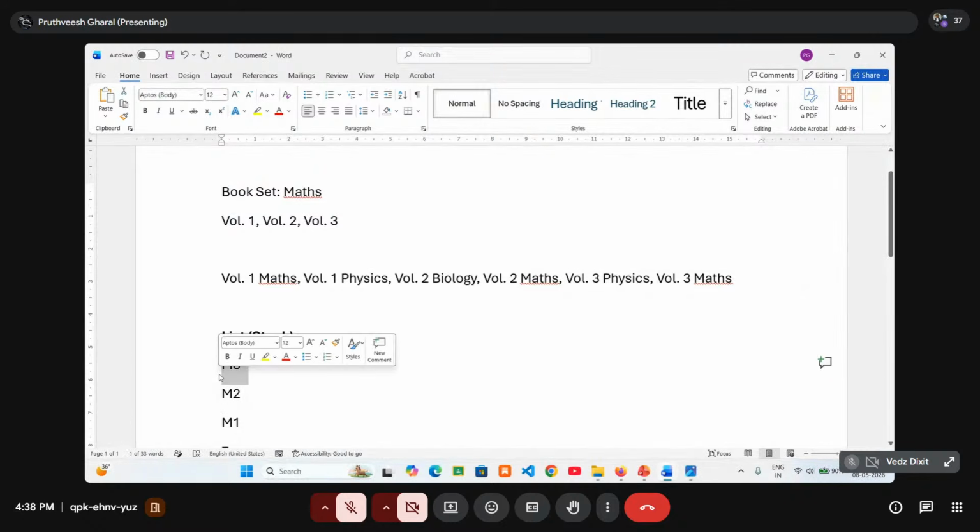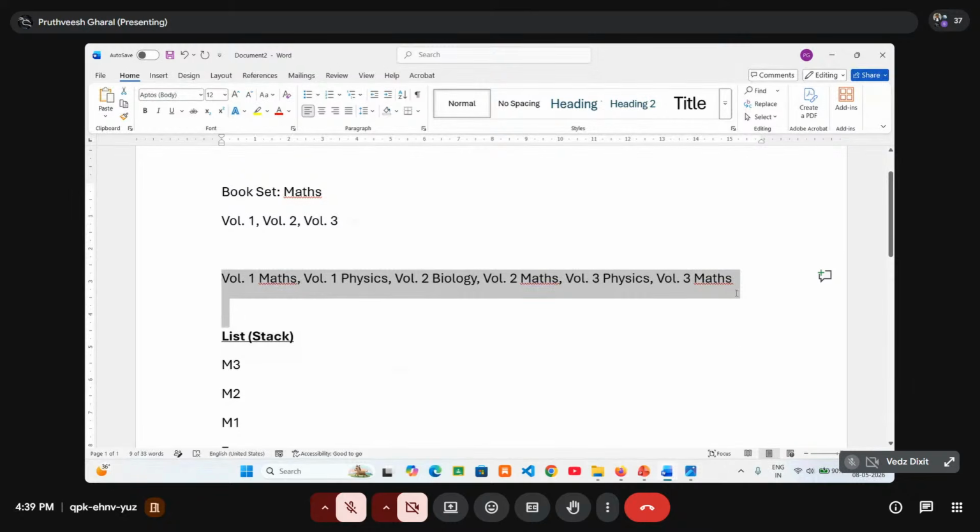As we went on taking input, we tracked what books we have found in this scattered book text. So essentially what the stack did is it helped us find which book of this book set maths we have currently encountered.